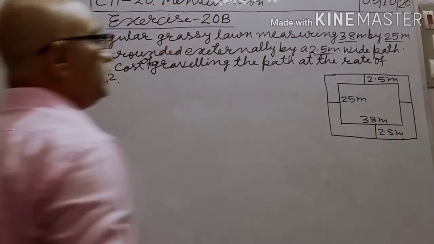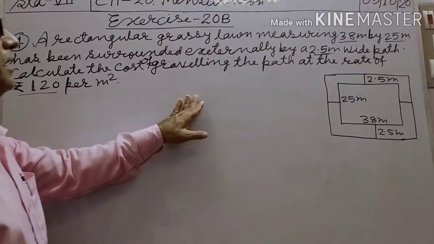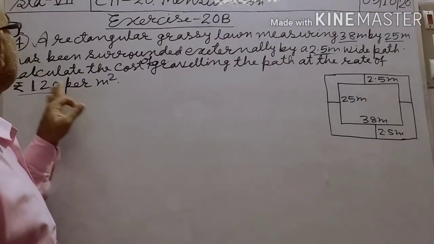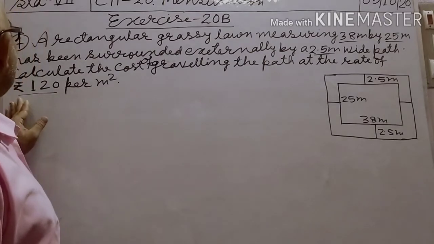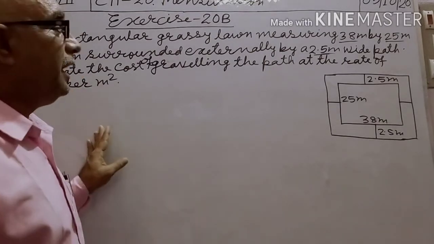Students, now find the cost of graveling the path at the rate of rupees 120 per meter square.